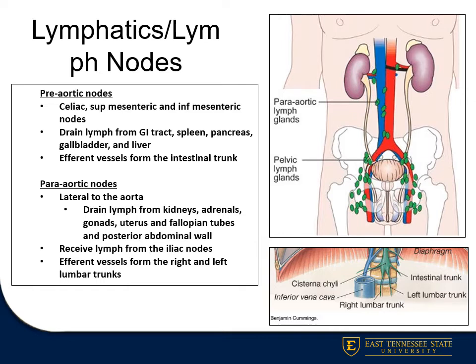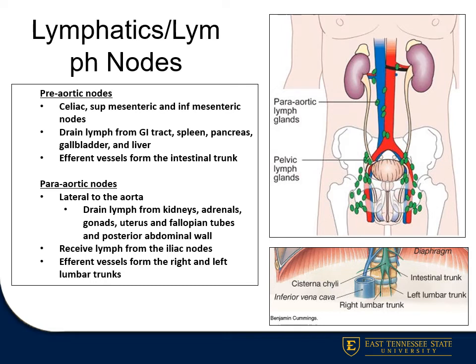So it corresponds with the vessels. If it's draining lymph from the foregut, that's the celiac nodes, the superior mesenteric nodes are draining lymph from the midgut, and the inferior mesenteric nodes are draining lymph from the hindgut.